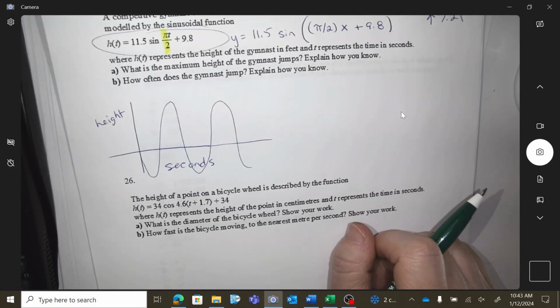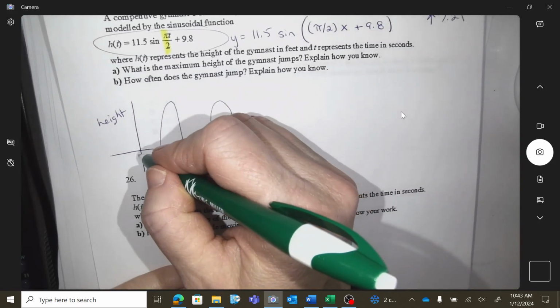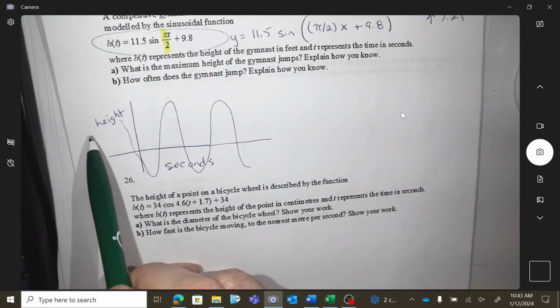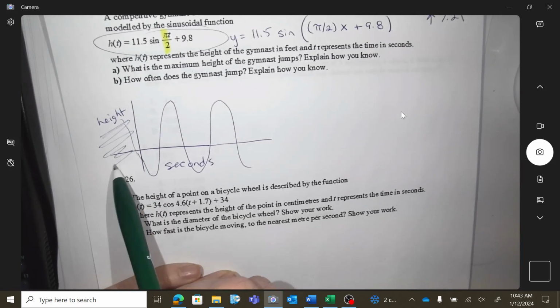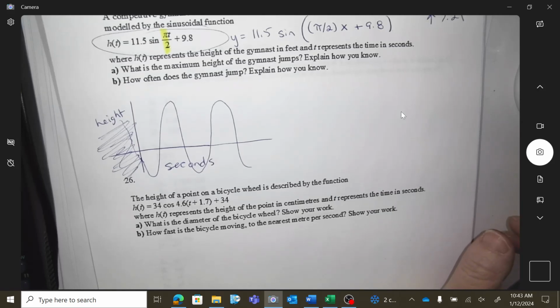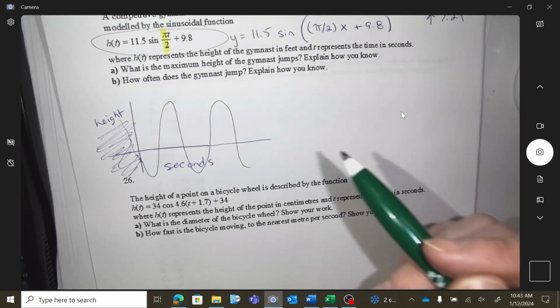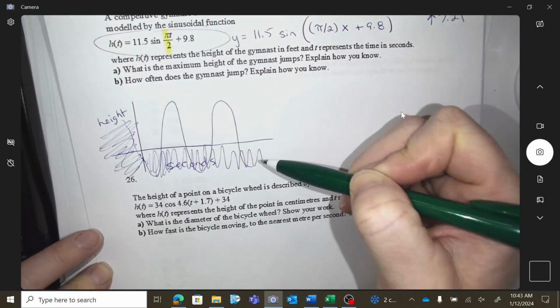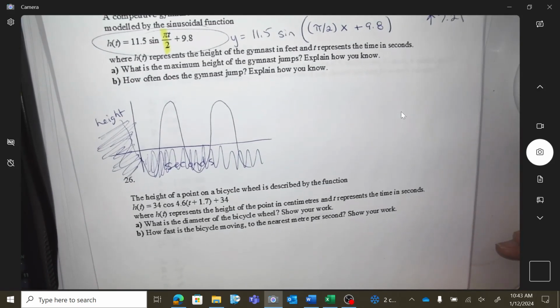Okay. Would you understand that this part of the graph? Nope, not going to work because I can't have the negative time. Also, this is a gymnast jumping. This part of the graph doesn't really make sense. I'm not going to jump under the ground.